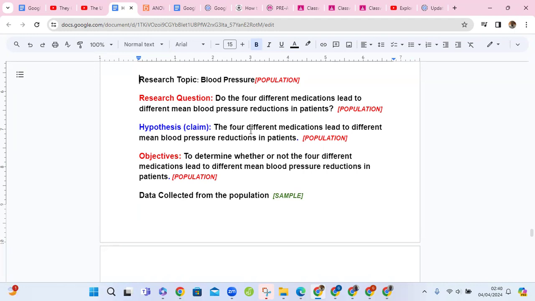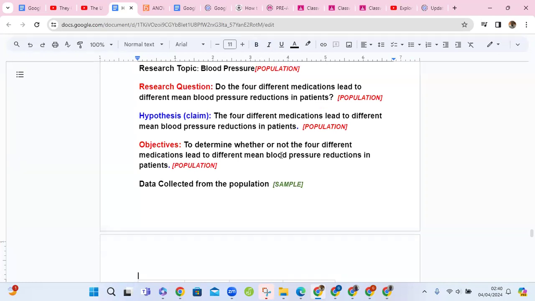There's no difference. So the objective now is to determine whether or not the four different medications lead to different mean blood pressure reductions in patients of the population. So data has to be collected and a sample has to be taken, using sample data to infer about the population or to test a claim which was directed towards the population.